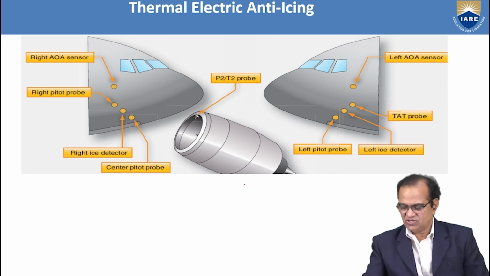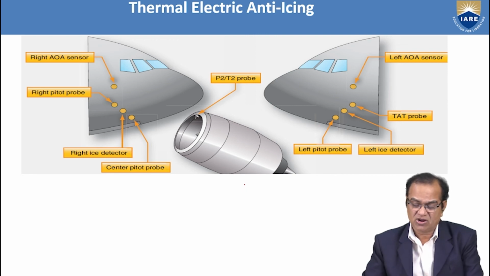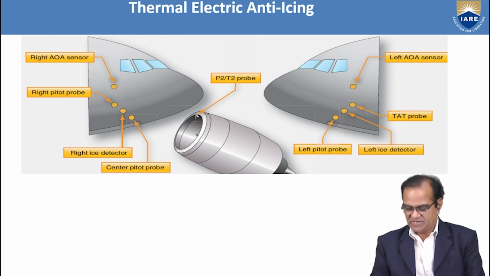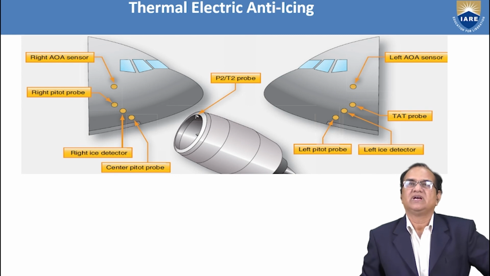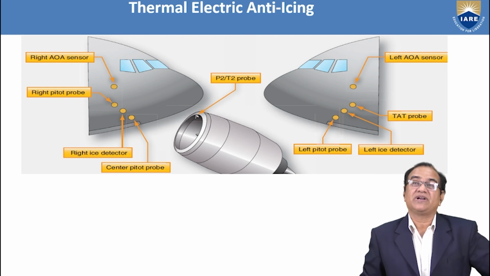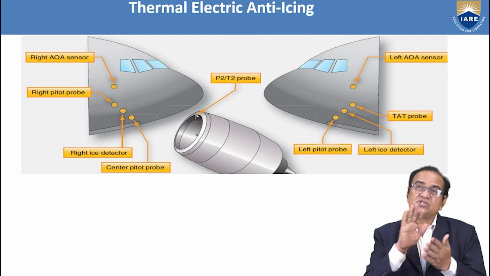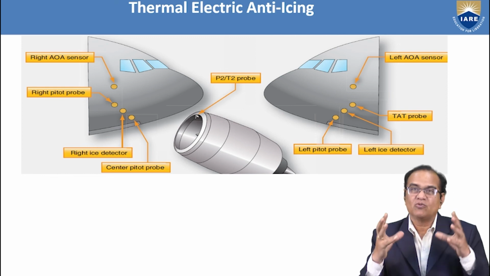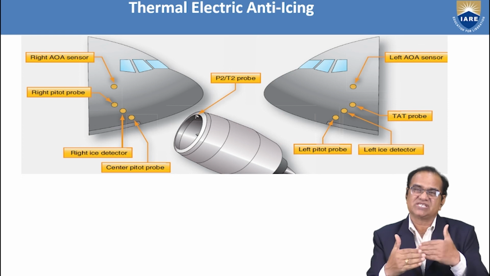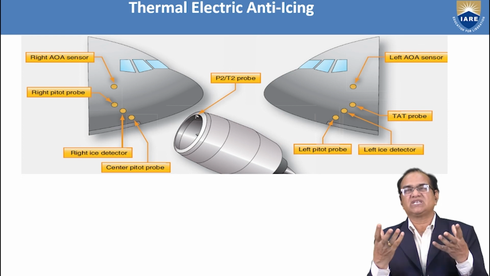So these probes are used for different purposes, and all these probes are heated electrically. Thermoelectric means electricity is used to generate the temperature. One coil is used, and this resistance is making heat.